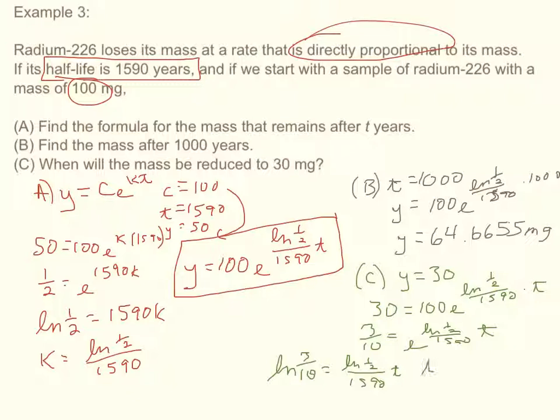So then t is going to equal the ln of 3/10 divided by the ln of 1/2 over 1590, ooh, and that's going to equal, and I'm going to actually write it over here to the left, so t will equal 2761.7752 years.